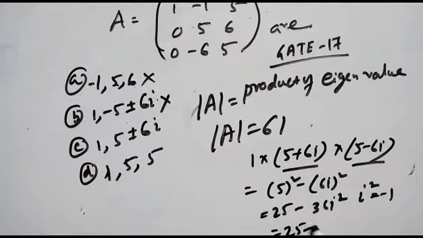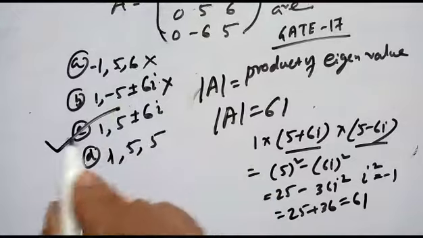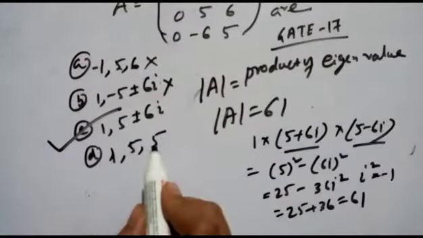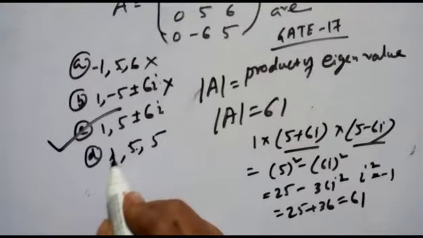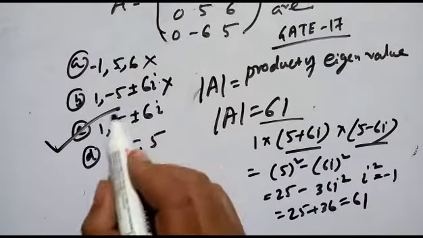Then this is 25 plus 36. That means this gives us 61. So option C is our eigenvalues, because option D shows 5 into 5, 25, into 1, 25. That does not match with 61, so option C is the right answer.